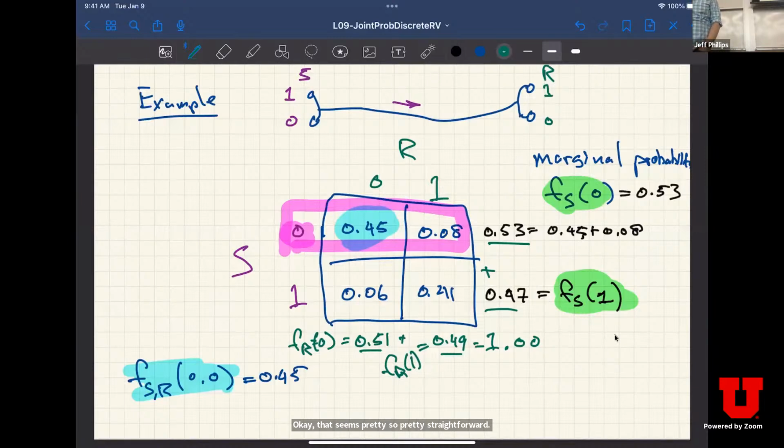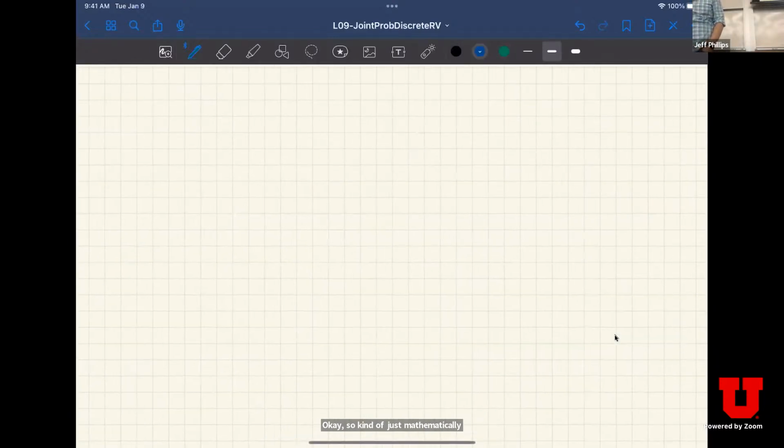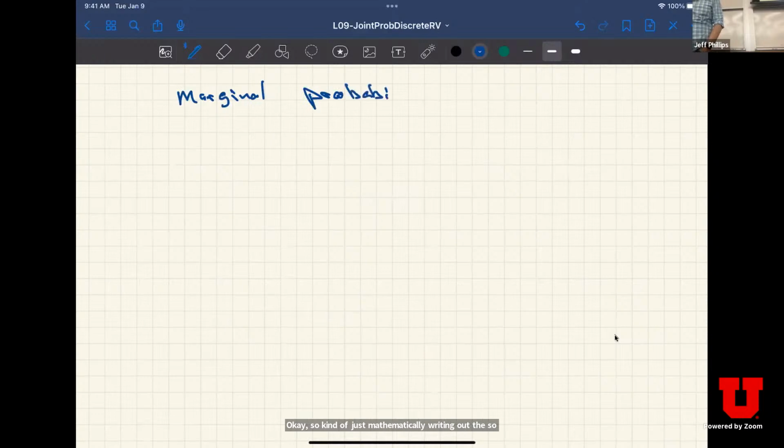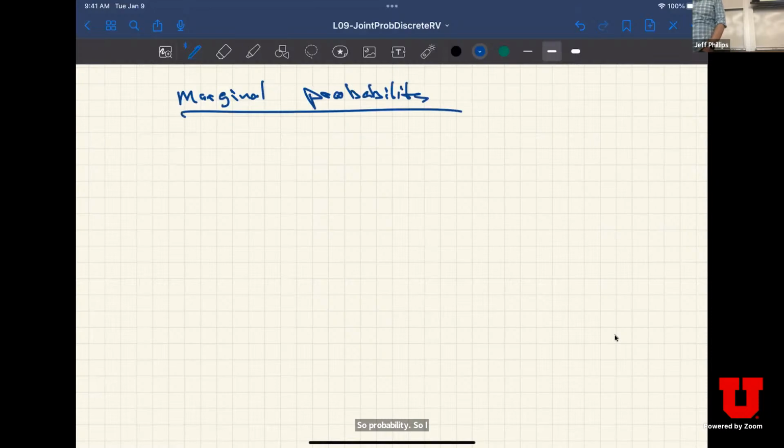So, kind of just mathematically writing out the marginal probability. I could say the probability of x equal to a.